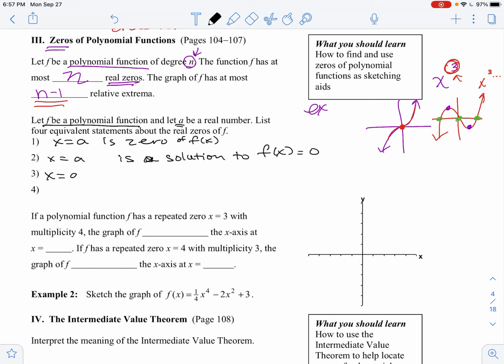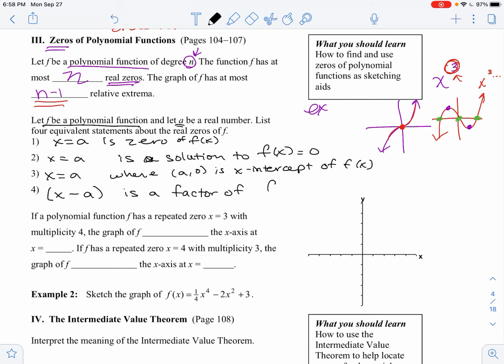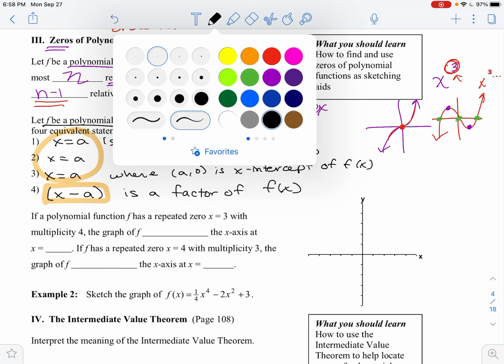We know x equals a, where (a, 0) is the x-intercept of the function. And the last one is that x minus a is a factor of f of x. And we've seen that a few times over, where x minus a, when I set it equal to 0, I end up getting x equals a.